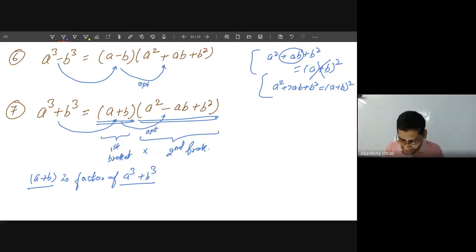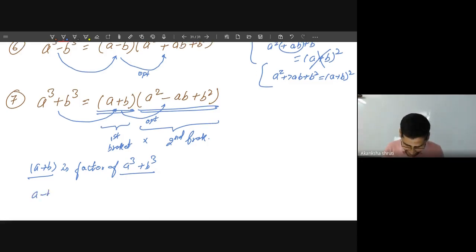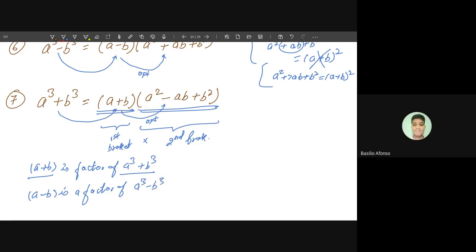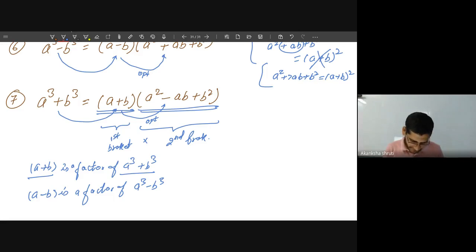A student, this is asked in your MCQs: which of these will have a factor? Similarly, a minus b is a factor of which one? a cube minus b cube. This thing you have to keep in mind. These are the questions which are framed as MCQs.